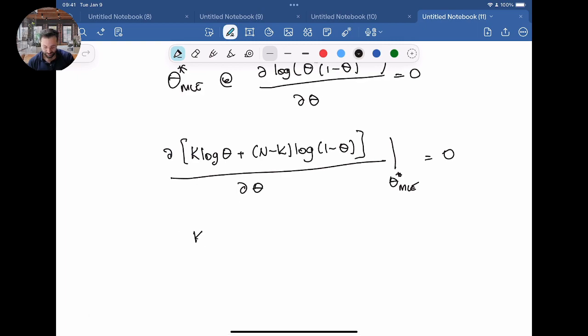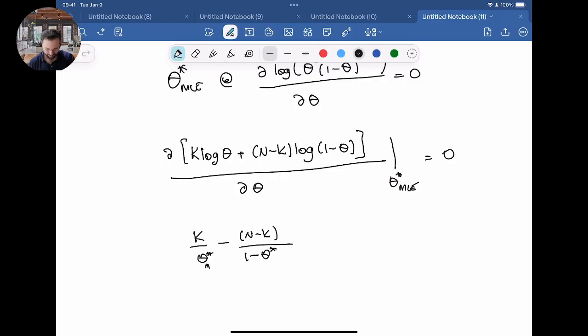So k over theta plus n minus k over 1 minus theta, but now I need to incorporate the minus theta part. The derivative of 1 minus theta is minus 1. So when I incorporate that, this is becoming a calculus class, which I don't intend, but all I did is take the derivative. Now let's do the evaluated-at part, putting a star on top of the thetas that I see.